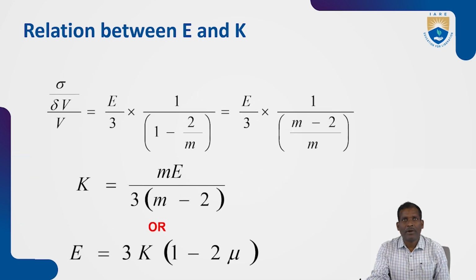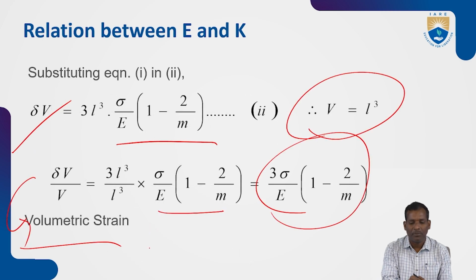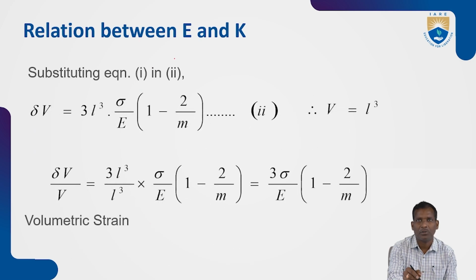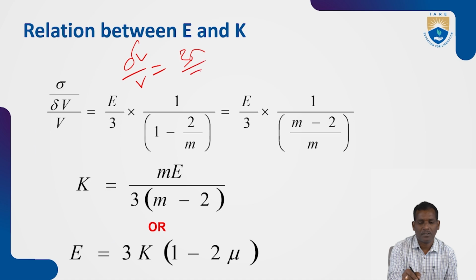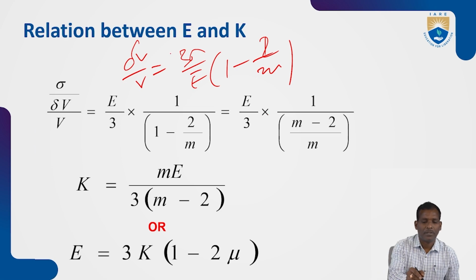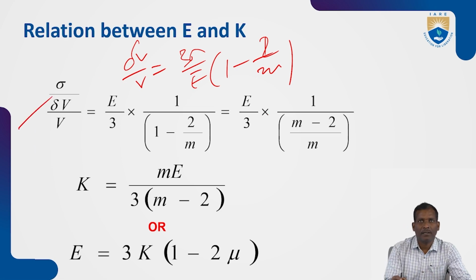Now we will find the relation between E and K. K is sigma by delta V by V. Now you can simplify here: delta V by V is equal to 3 sigma by E into 1 minus 2 by M. Now we can simplify this equation like this, and you will get the K value.